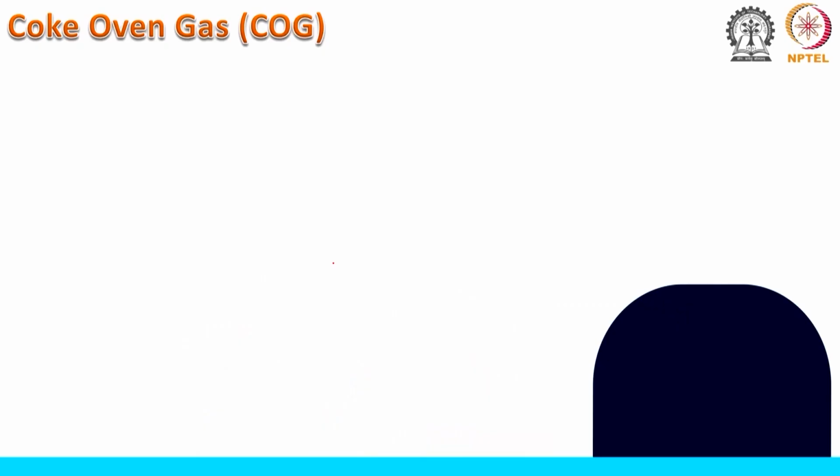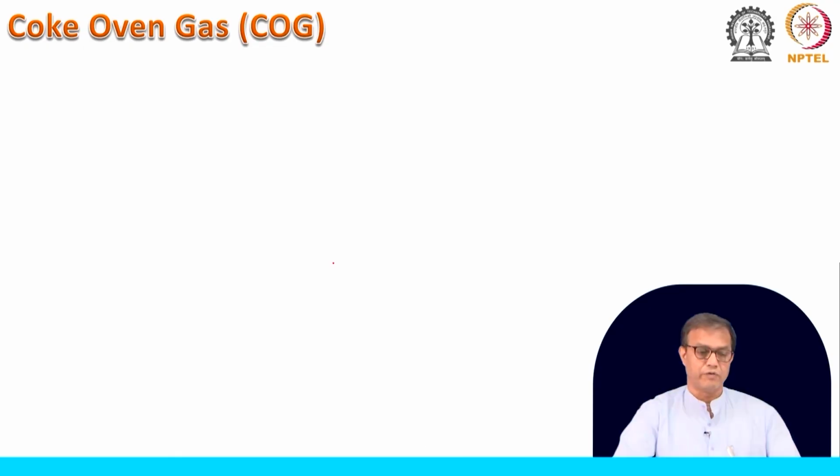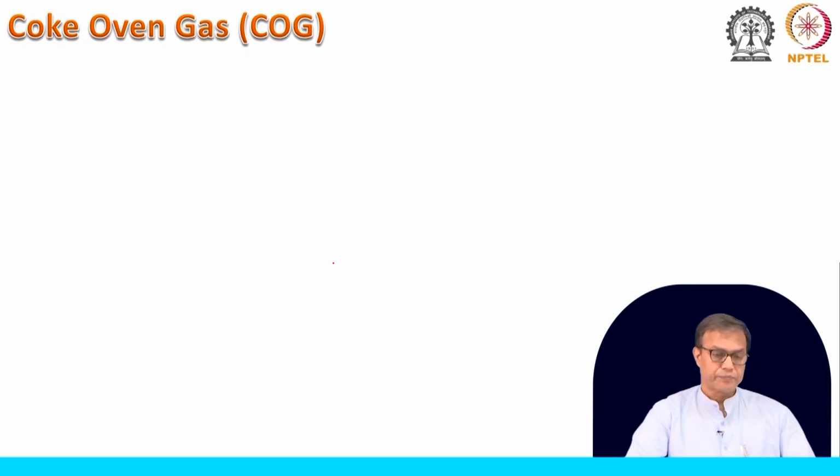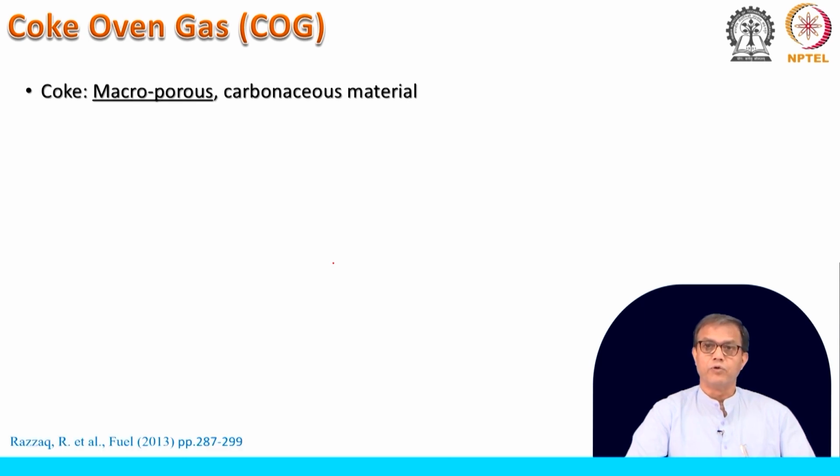So, let us start. If we have to generate hydrogen from coke oven gas, first of all we need to know what is coke oven gas, and before that, what is coke. Coke is a macroporous material, which means its pore sizes are more than 500 angstrom.